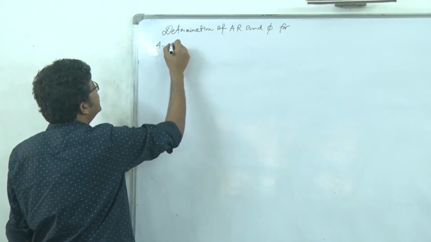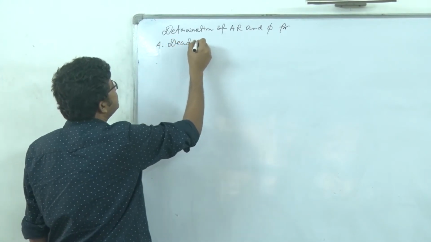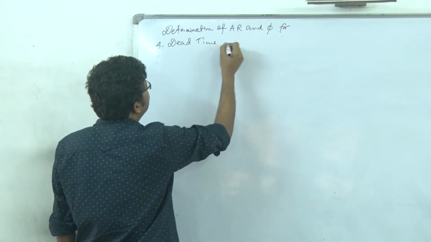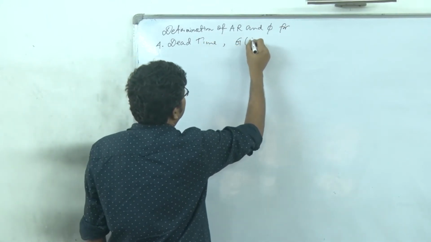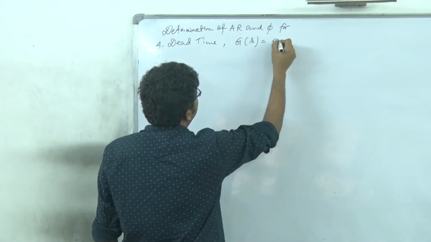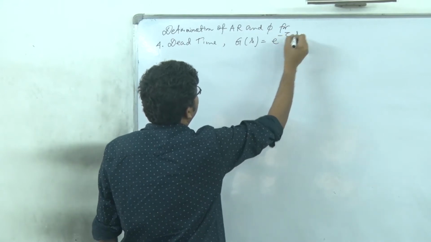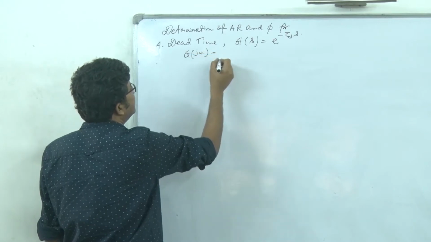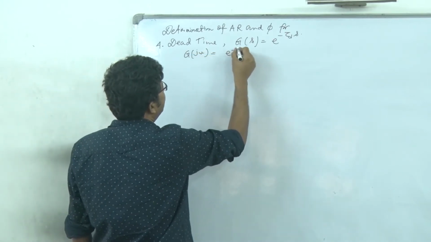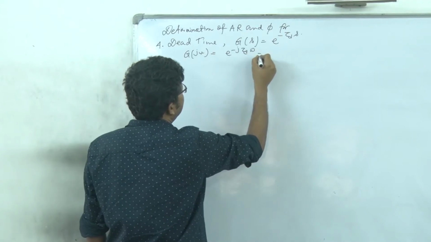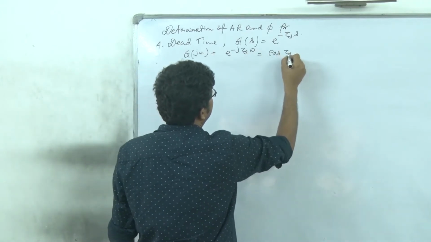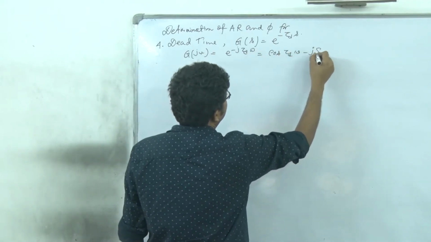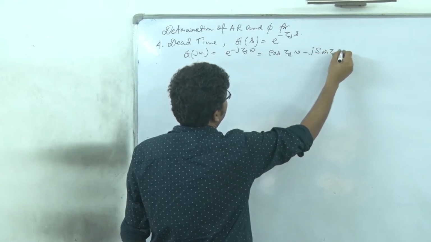First, it is for dead time. As you all know, the dead time has a transfer function of e to the power minus tau d s. So G(j omega) is equal to e to the power minus j tau d omega, that is cos of tau d omega minus j into sine of tau d omega.